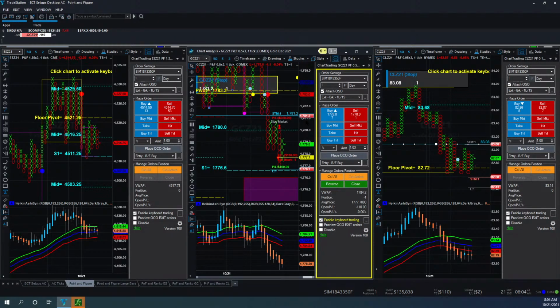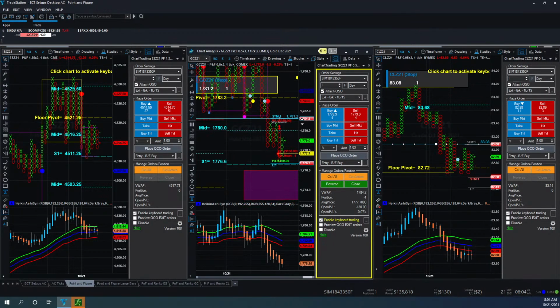Bouncing out of the 200, and there's 30 minutes, $140.